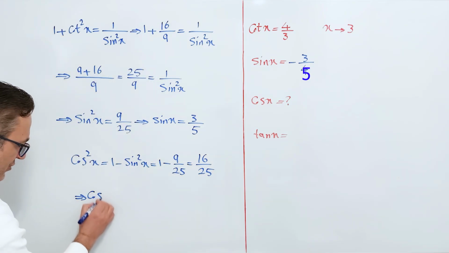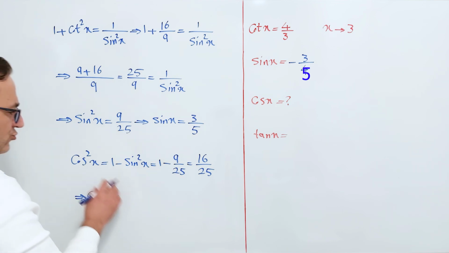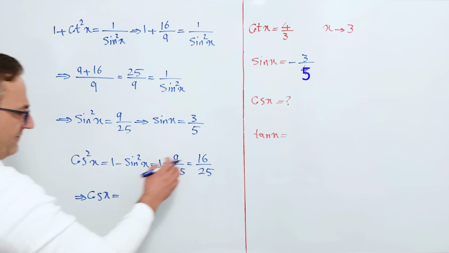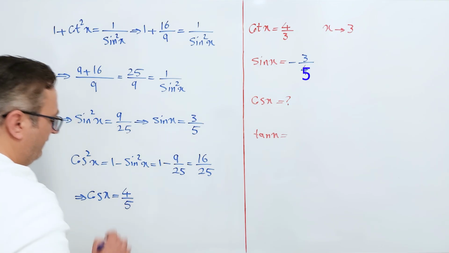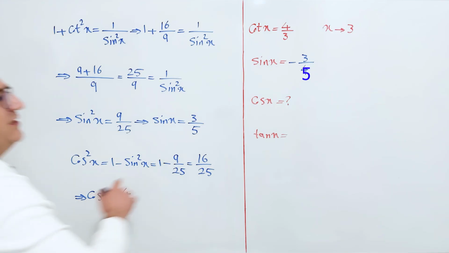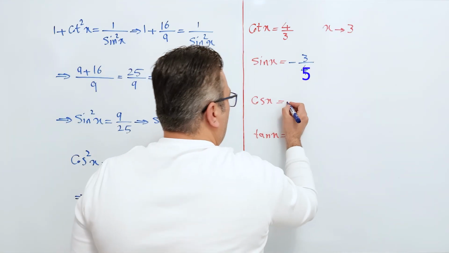So cosine x is equal to, if we take the square root of both sides of the equation, 4 over 5, and we know that the sign of cosine in the third quadrant is negative.